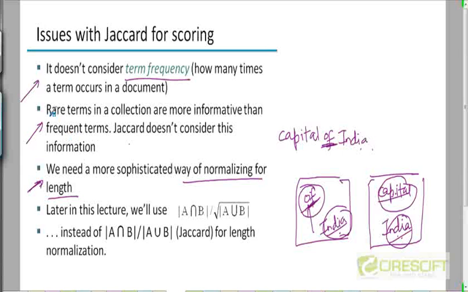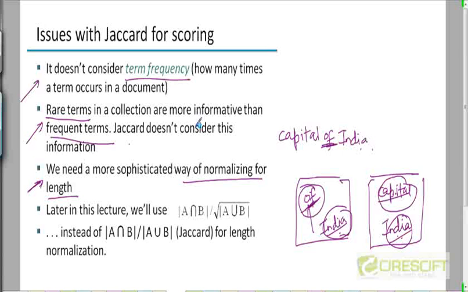So we need some way to accommodate this in our scoring scheme also. We don't want to weigh each term exactly the same. We want to give more weight to rare terms in the collection, because rare terms are more informative than frequent terms. Is that clear?